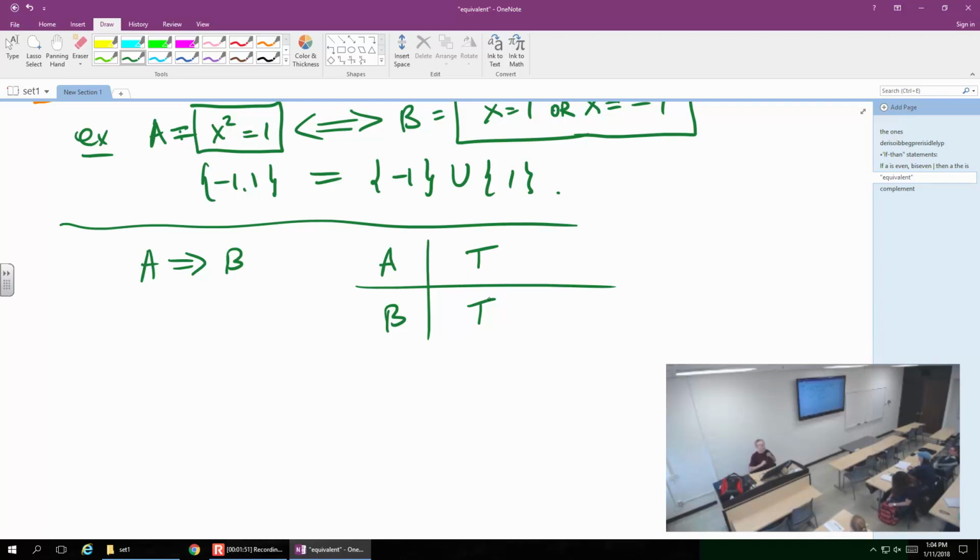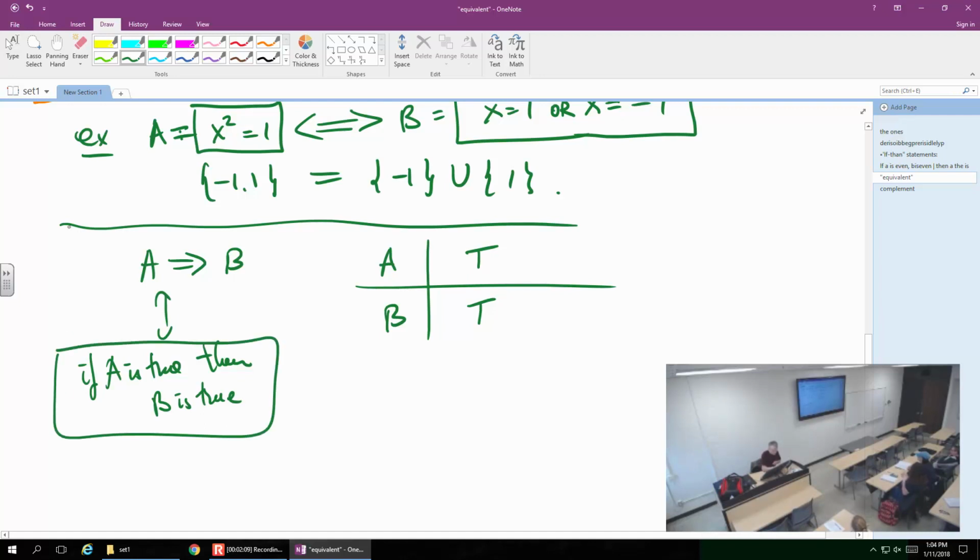Right, that is the definition of the implication. It is exactly so. If A is true, then B is true. That is a literal translation. So that goes both ways. That's exactly the same thing.